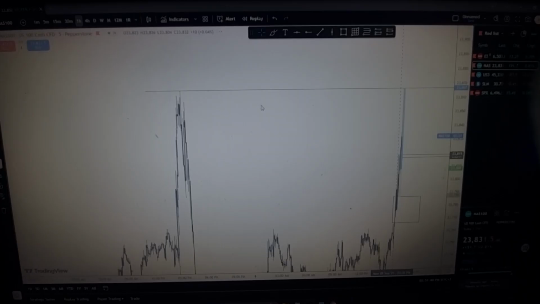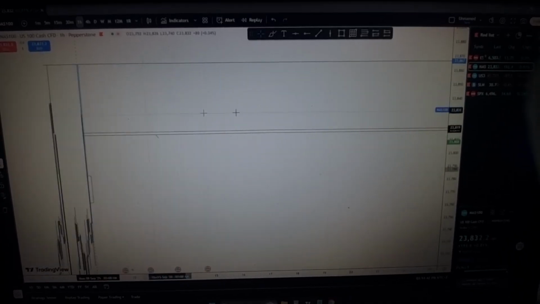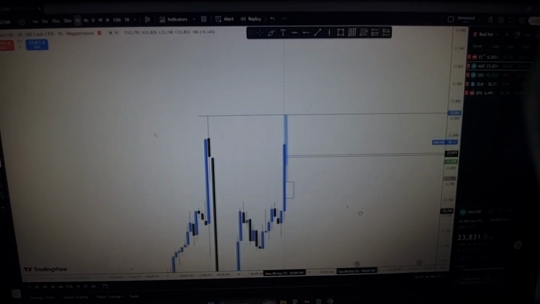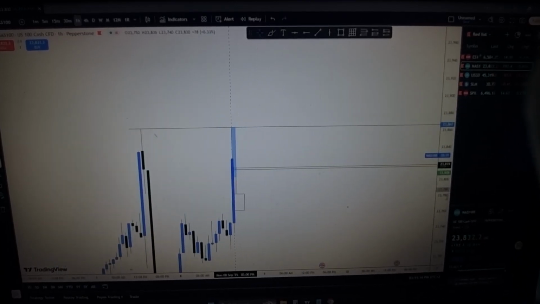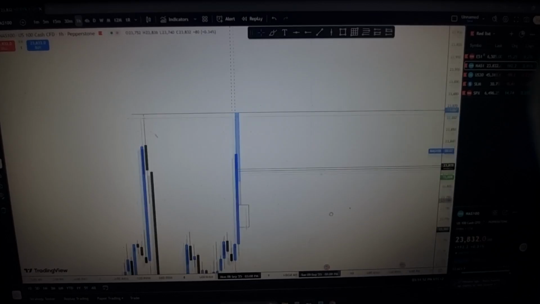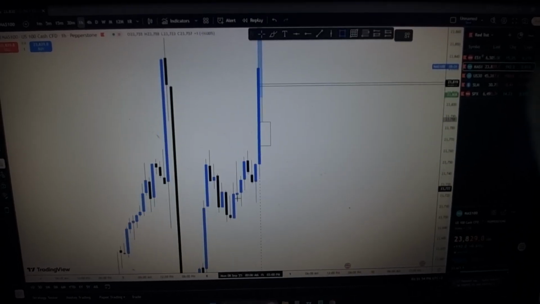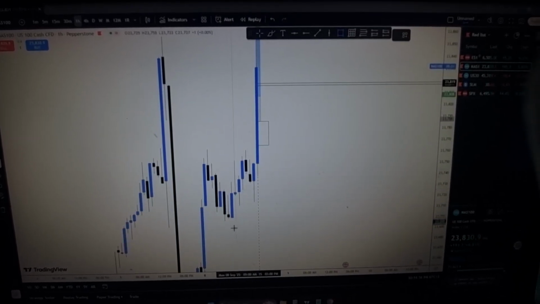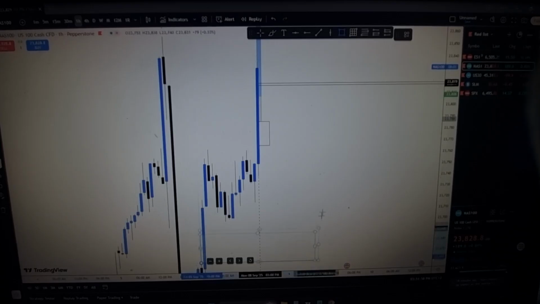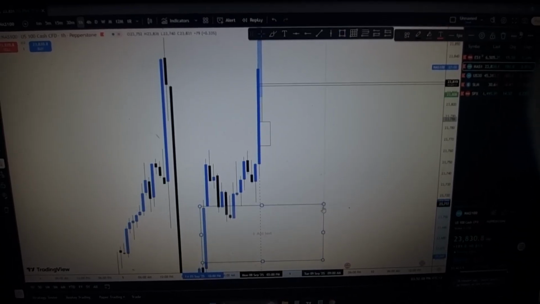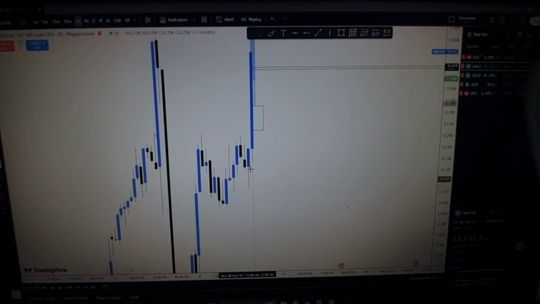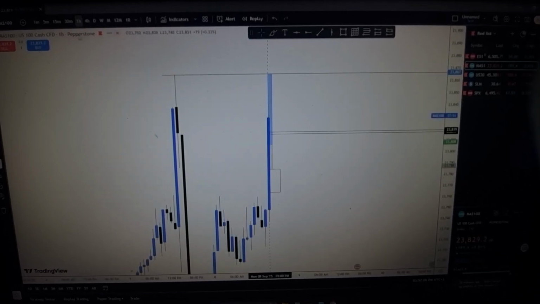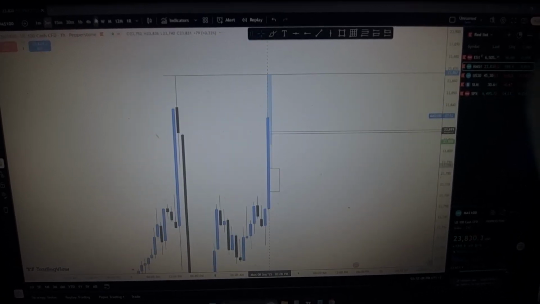And that's basically the only draw on liquidity I can seek to the upside, because then we are at all-time highs, which will be weird, but it would not, because we do have a daily fair value gap, even hourly fair value gap, or whatever equilibrium. There's so many confluences that got hit, meaning price wants to go up.